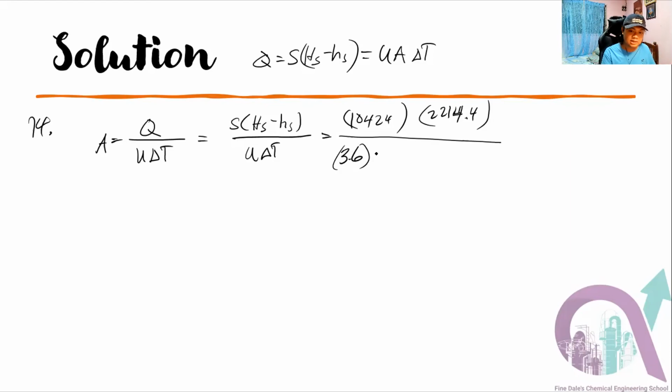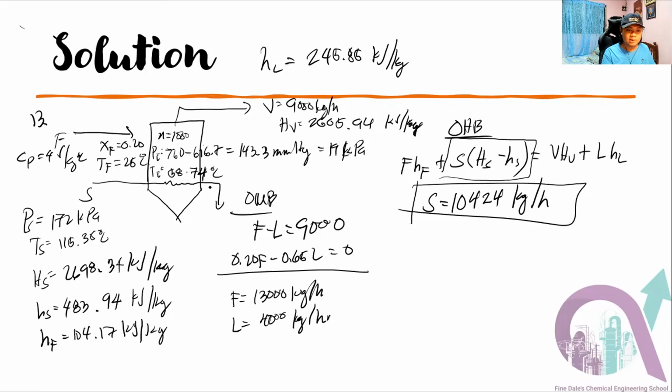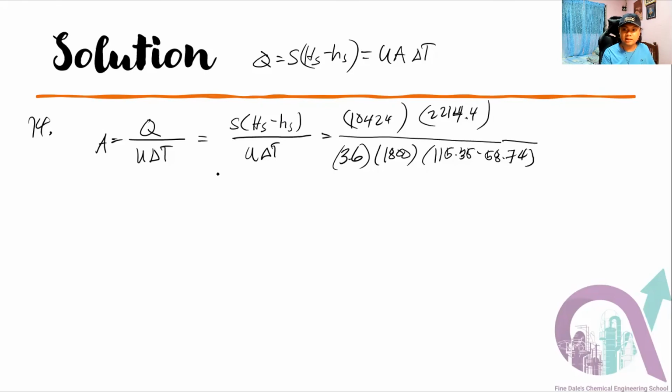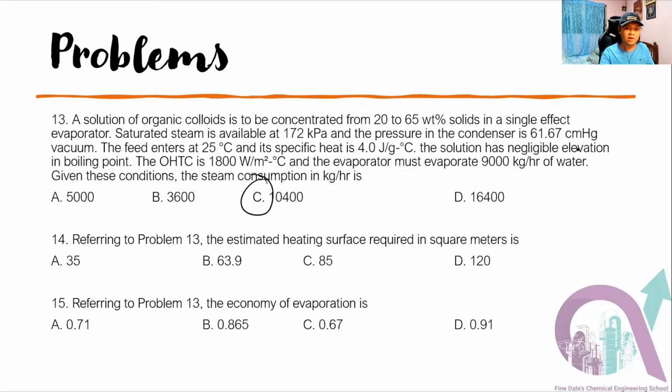Then we have 1800, our U, and then you have our delta T, 58.74. Remember that this is the difference between the two. You will have 63 square meters.